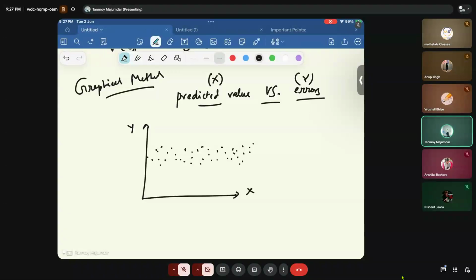And suppose this line indicates 0. Why 0? Because we know that the expectation of epsilon is 0.